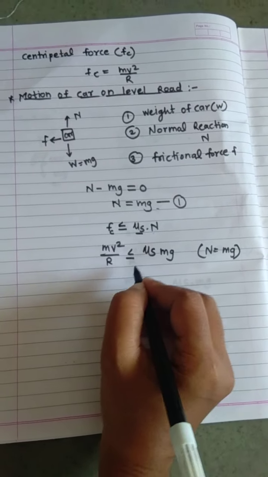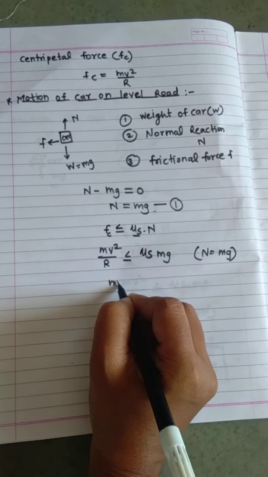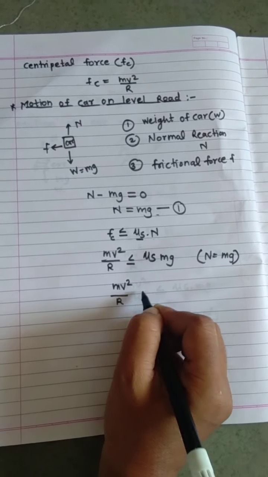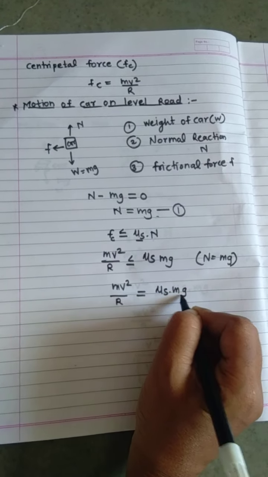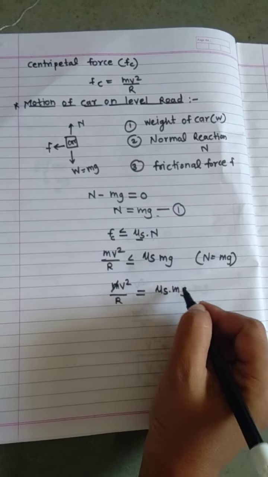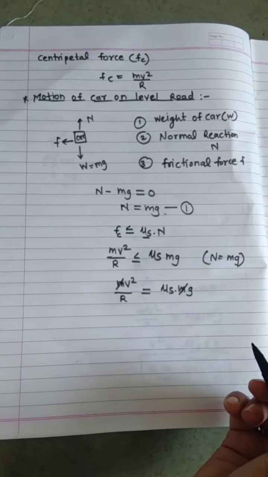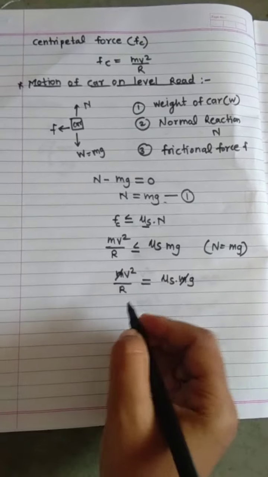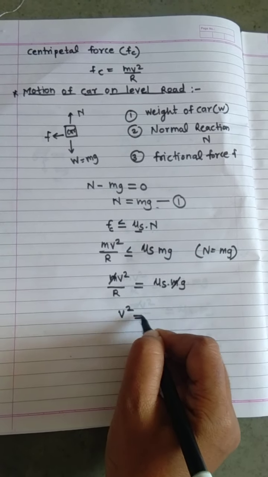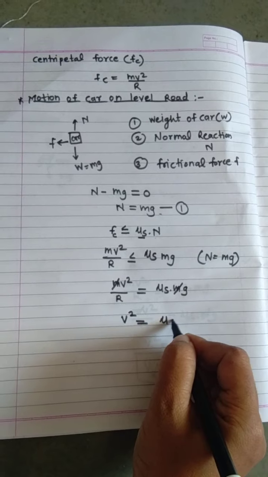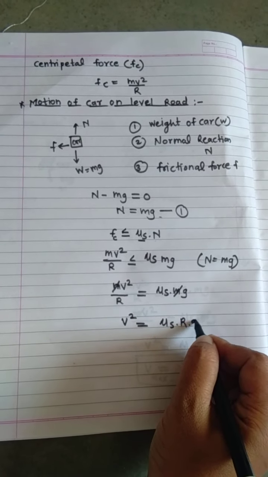Here we will simplify it. Mv square upon r, I am taking here equal to mu s into mg. Which term is getting cancelled? m is present on both sides, so it will get cancelled. Now we can write the equation for v square. This r will go to the other side, so v square is equal to mu s into R into g.